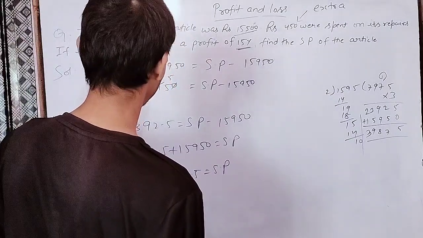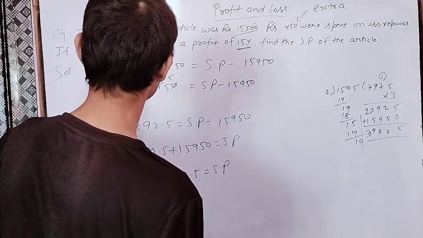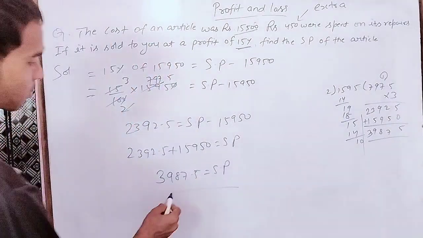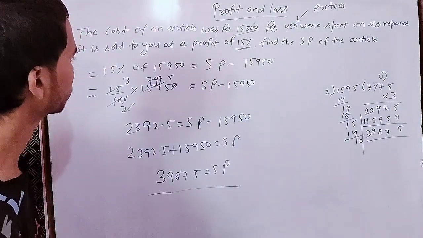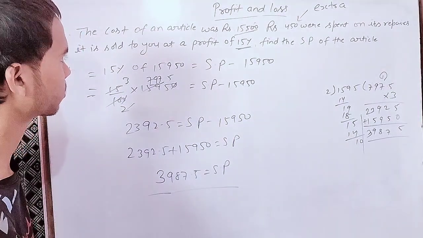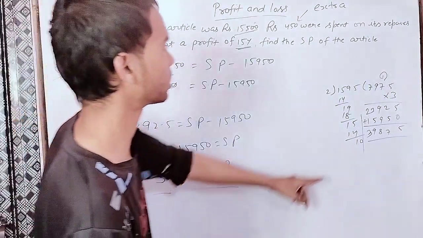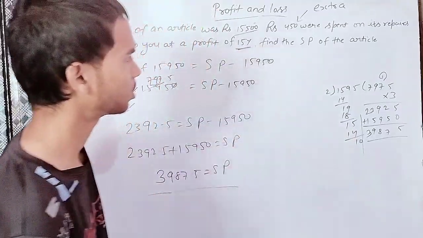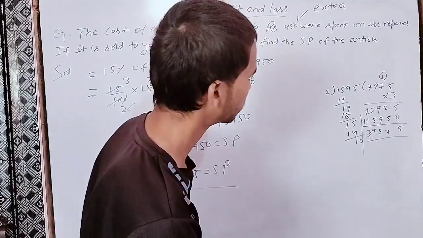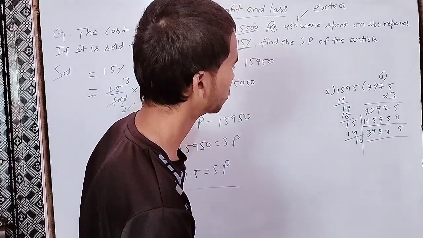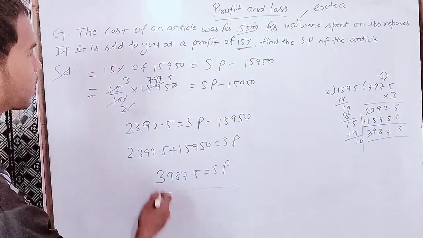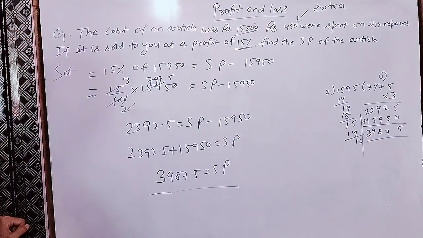How much? Selling price. Where is the mistake? This is the selling price, but the selling price is low. Selling price should be high, not low.